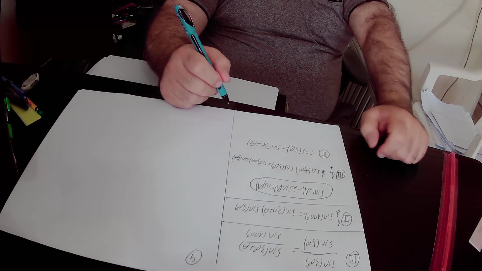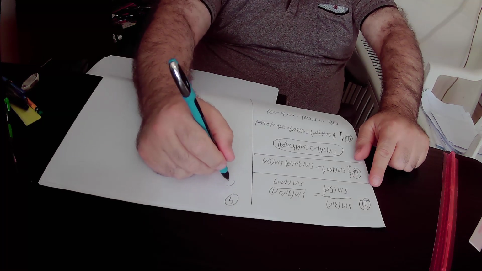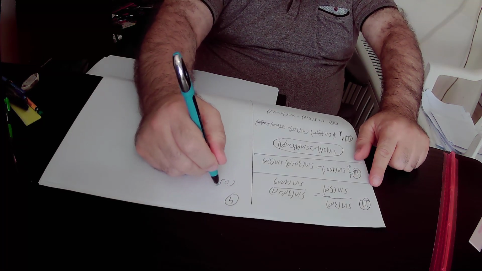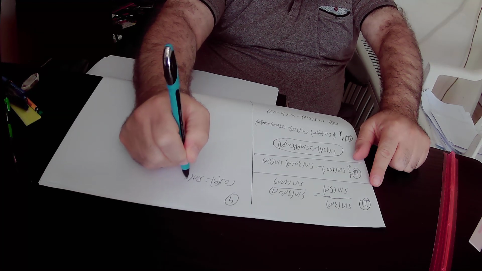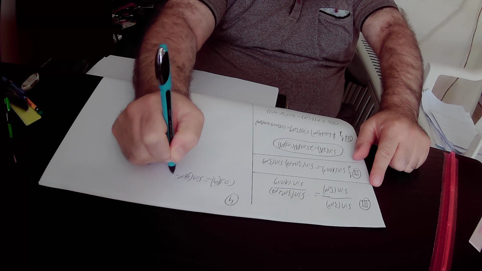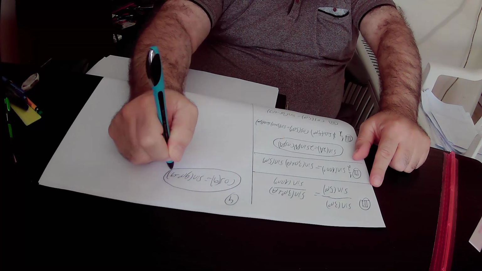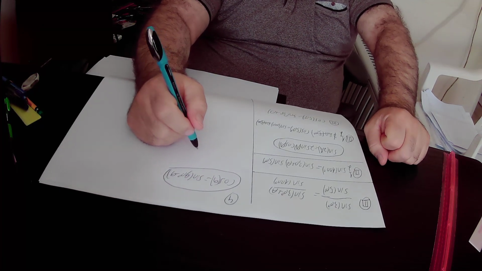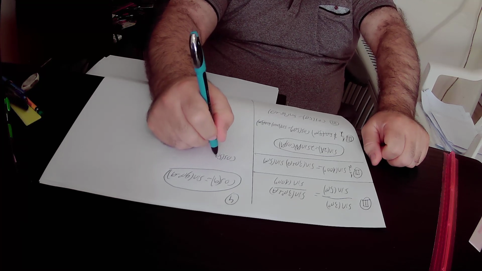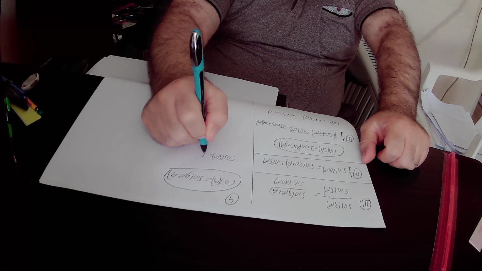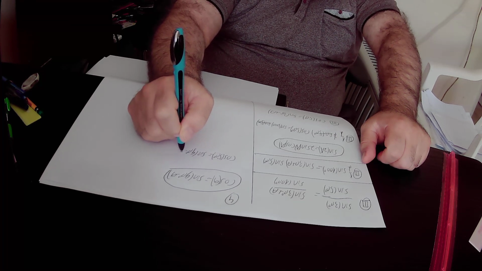Here we will use the trigonometric identity that states that cosine alpha equals sine 90 degrees minus alpha. So according to this identity, we will get that cosine 50 degrees equals sine 90 degrees minus 50 degrees.